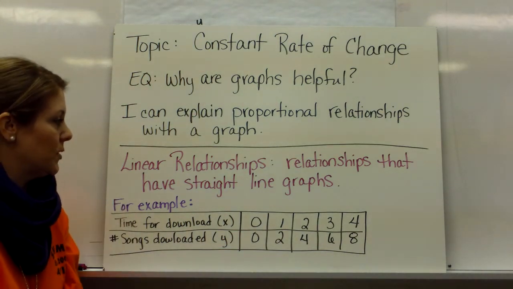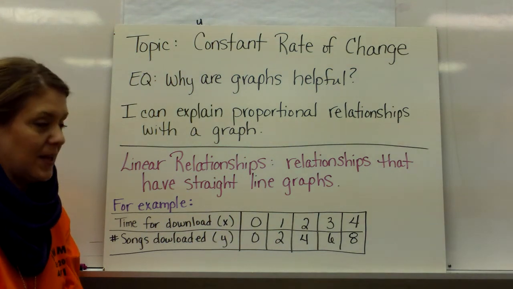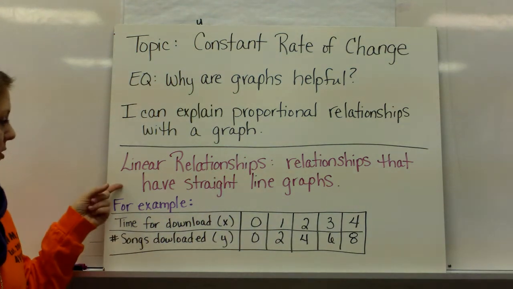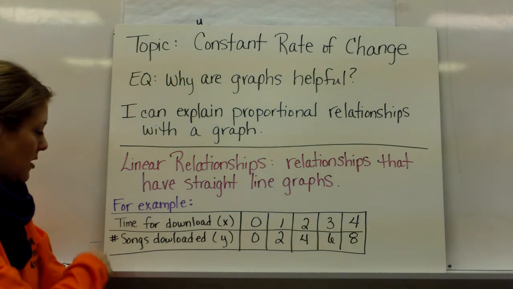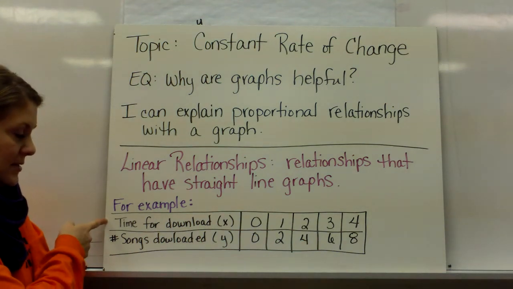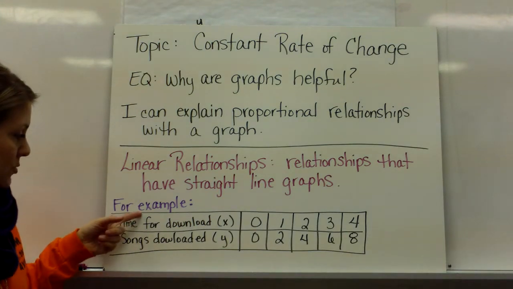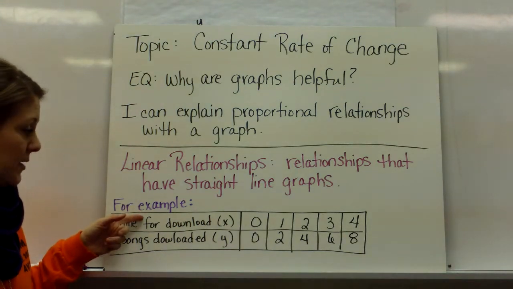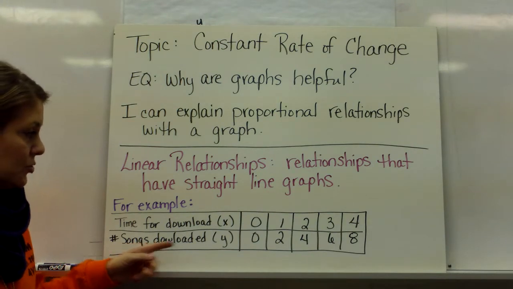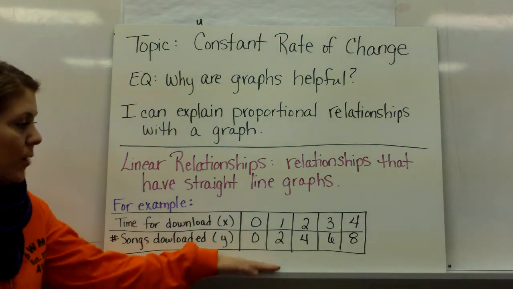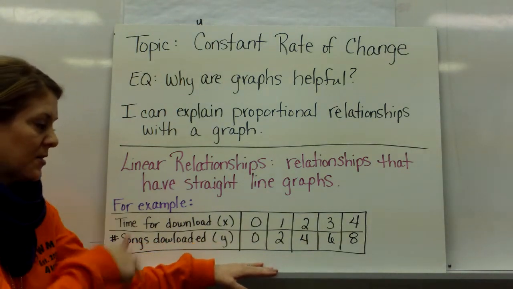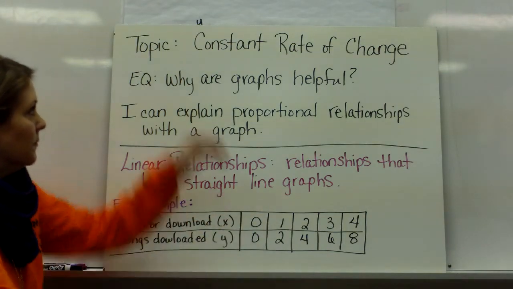Linear relationships are relationships that have straight line graphs. For example, in this situation, when we talk about the time for a download and the number of songs downloaded, you've got your x, which is your independent variable, and your y, which is your dependent. So let's look at the graph that matches this particular information.